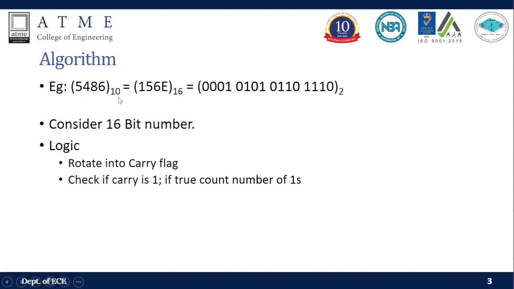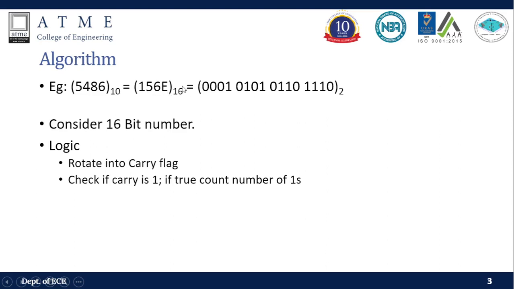Taking a very simple example of any given number. Now I am taking a 4-digit number. So this is a number in the decimal number system. Now converting the same number into hexadecimal, where the base or the radix is 16, the number ends up as being 156E.